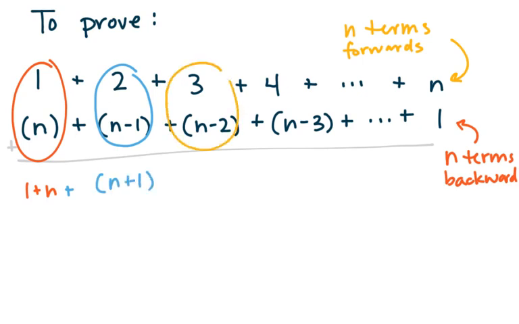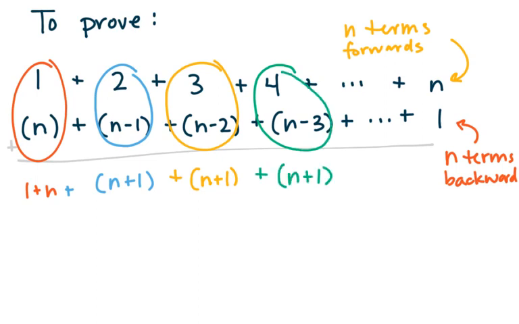My next term, 3 plus n minus 2. Again, I have n plus 1. Four plus n minus 3. Again, I have n plus 1. All the way down to my last pair, that would give me n plus 1.